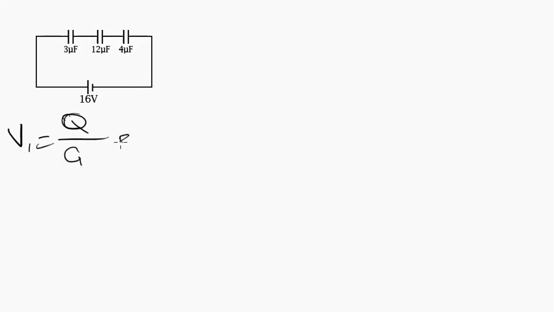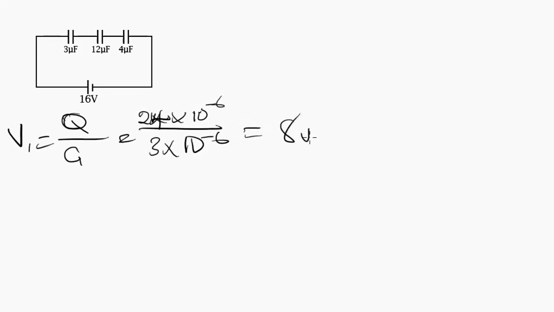Let's recall that we have our charge to be 24 microcoulombs. That's 24 times 10 to the power of minus 6. Whereas the capacitance of the capacitor is 3 microfarad. That's 3 times 10 to the power of minus 6 farad. So when we calculate this, we have 8 volts.